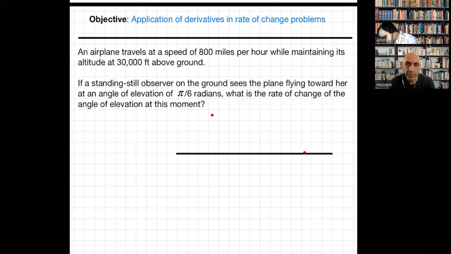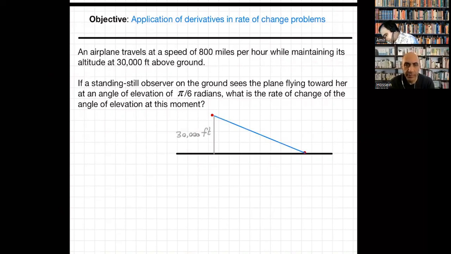The observer is looking at the plane, and the plane has an altitude of 30,000 feet.